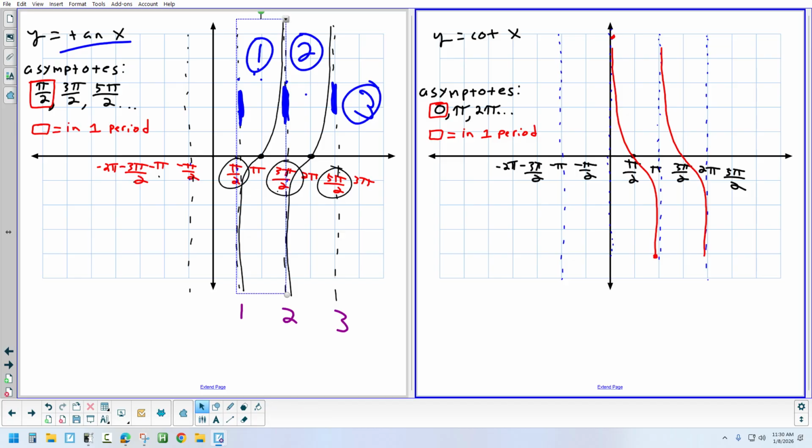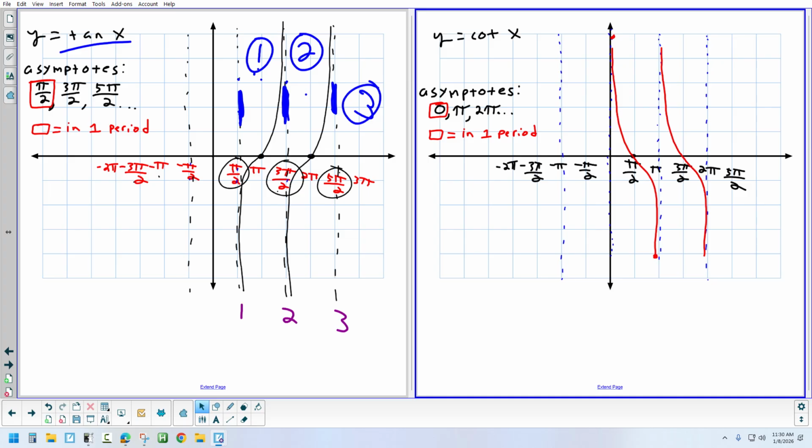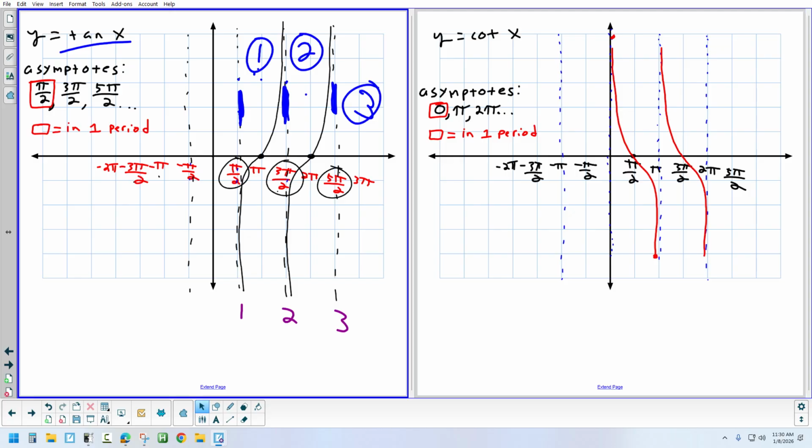Everything flipped. Wherever you had an asymptote, like at pi over 2, in cotangent, that's where it crosses. There's no asymptote. So from tangent to cotangent, all the asymptotes and the zeros switch. They all switch places.